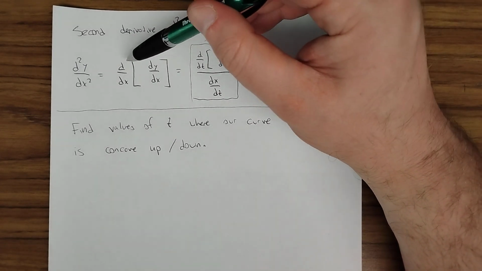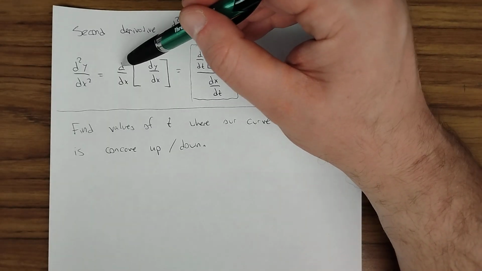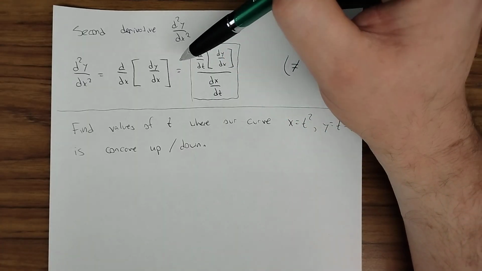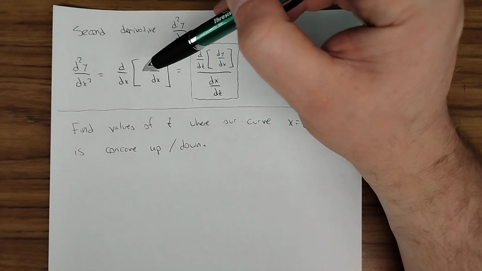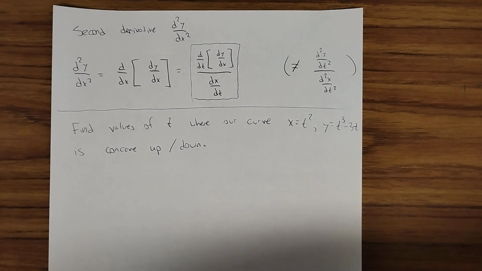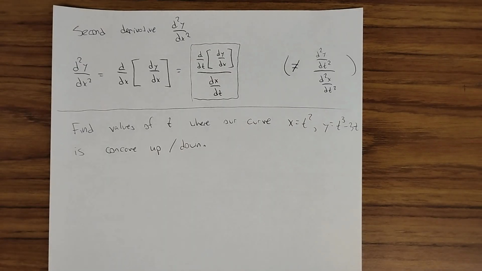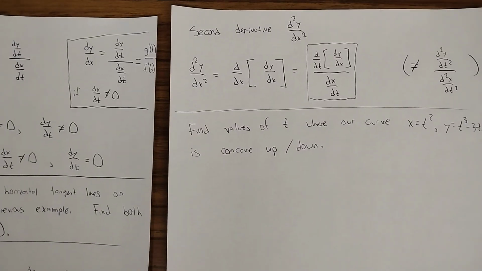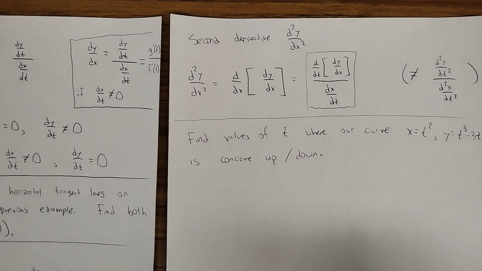This is the derivative with respect to x of dy over dx. And how do you do the derivative of something with respect to x when x is a function of t and whatever you're doing the derivative of is also a function of t?